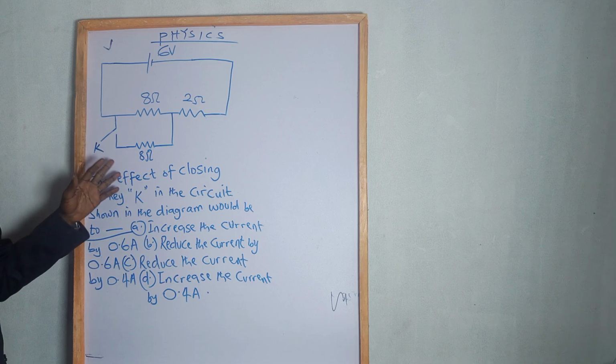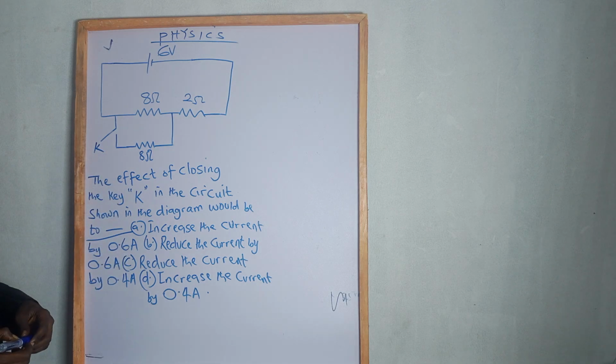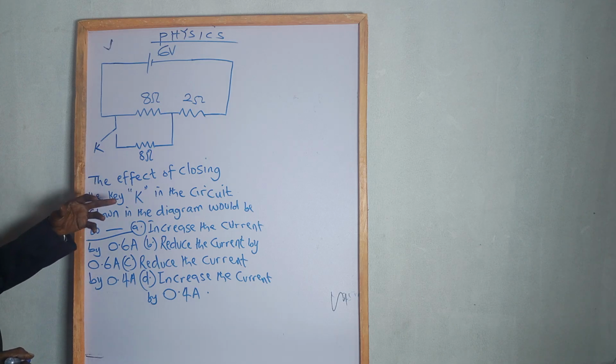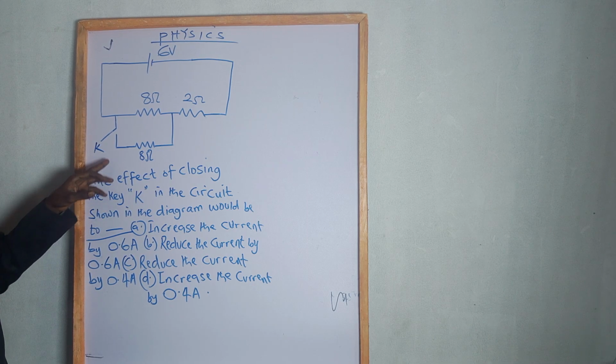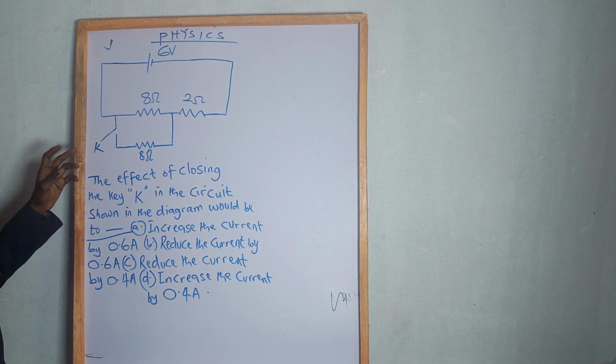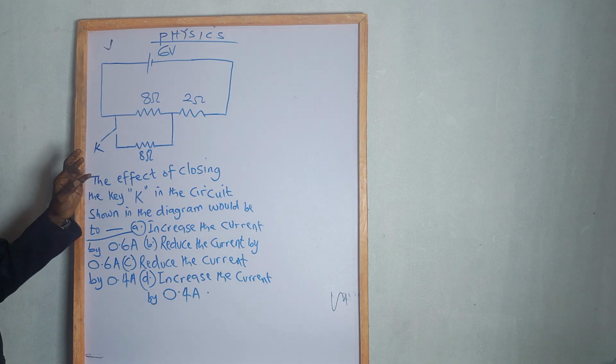When we have a question like this, what they really want is to detect whether we understand the concept of closing the key and opening the key. Don't forget, another word for key is the switch, just like the switch we have in our homes where we turn our bulbs on and off.